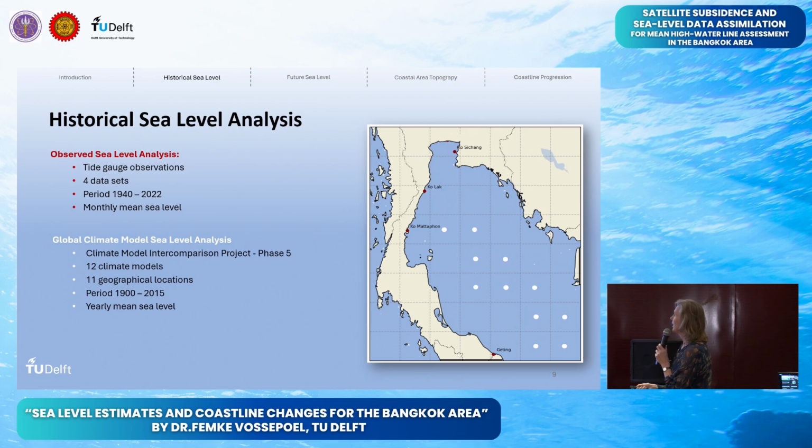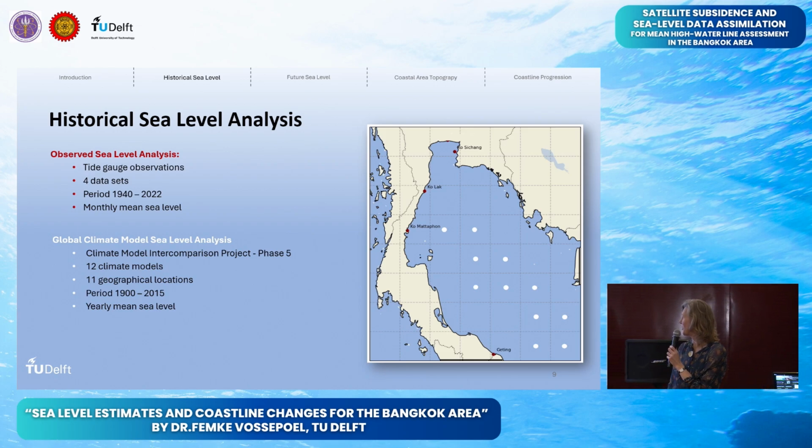And then for the global climate model sea level analysis, he took the CMIP5 model intercomparison project, and Ma kindly helped us with that. That's a comparison of 12 climate models, so he could provide an analysis for each of those models. And as it's a pretty coarse model grid, that gives us the sea level analysis at 11 geographical positions, which are indicated here.